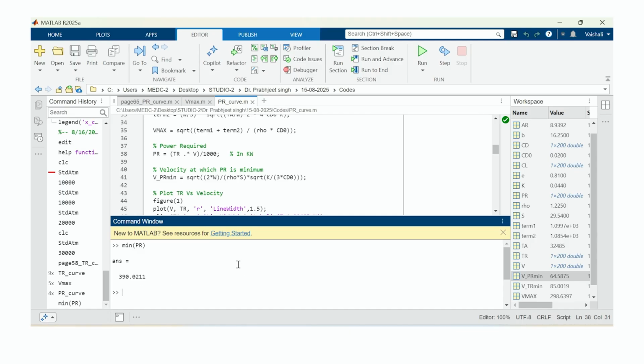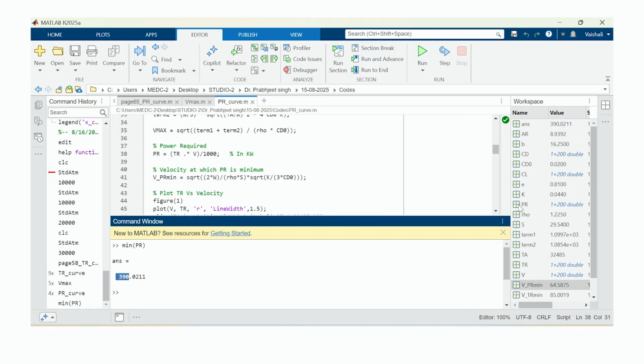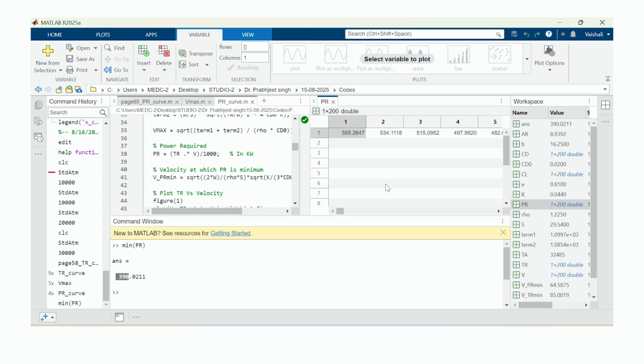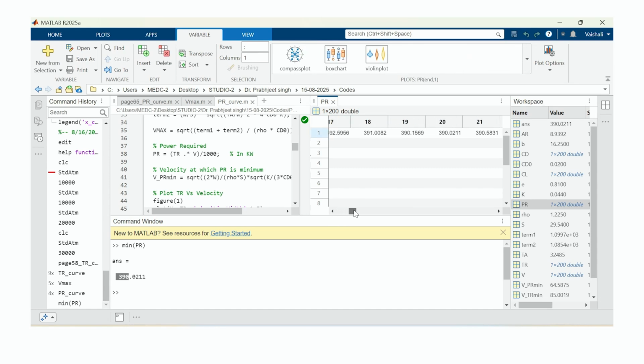All right. So let me write here, this is the power required minimum. So you can also see here, this is the power required, 390.02, 390.01.